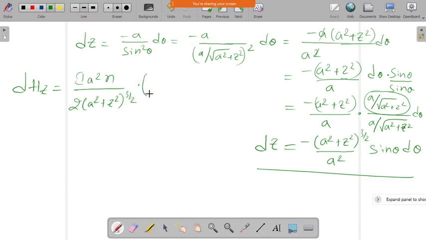Now we are putting the dz value, which is minus a square plus z square whole power 3 by 2 divided by a square into sin theta d theta.